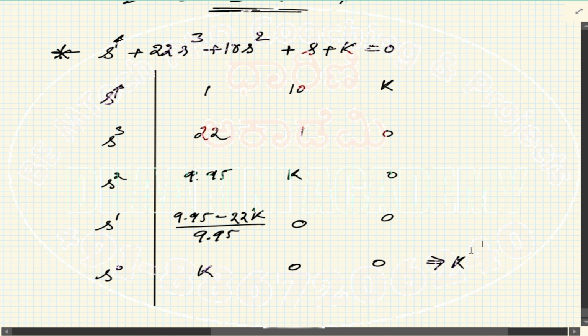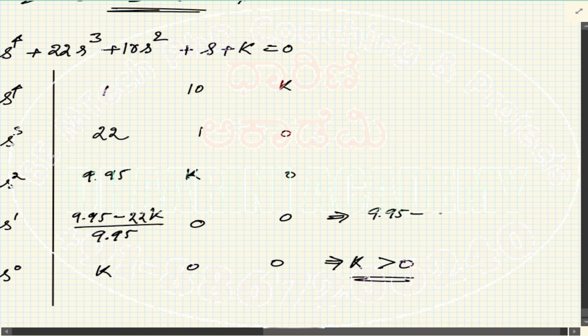So k is greater than 0 will come out of that. At the same time, from the row above, we can find that 9.95 minus 22k also should be greater than 0. Only under this condition is it positive.